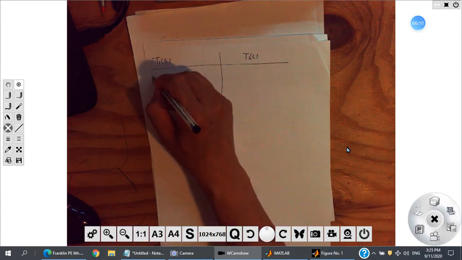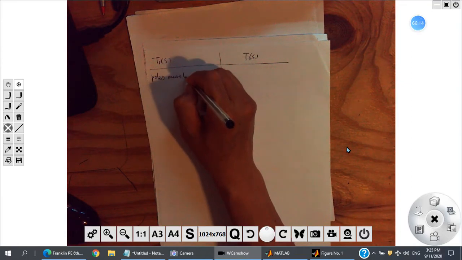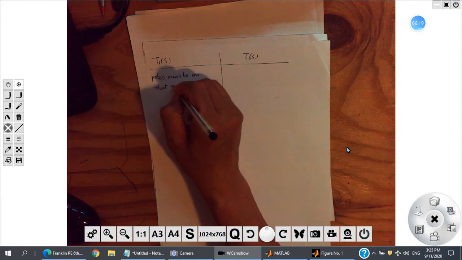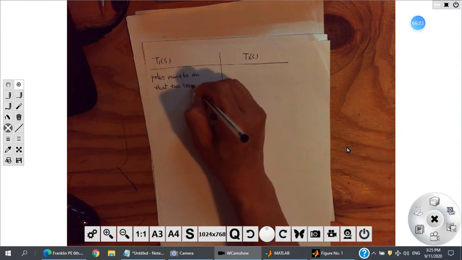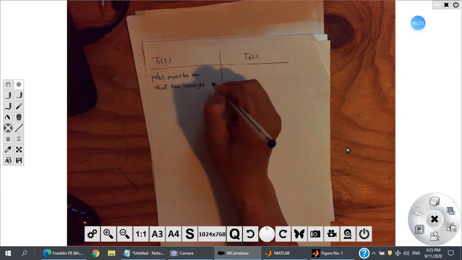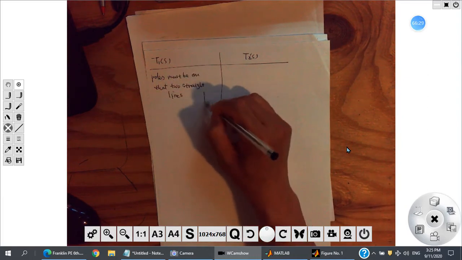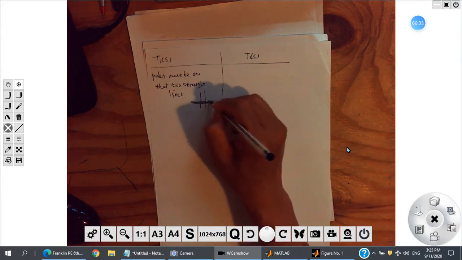Poles must be on those two straight lines, remember? This one and this one.